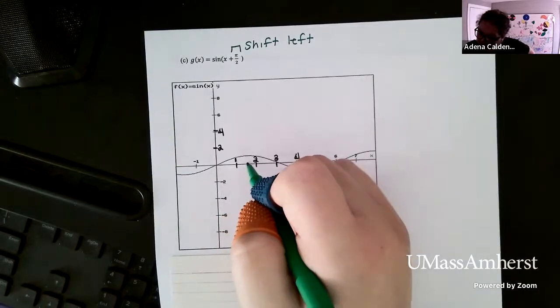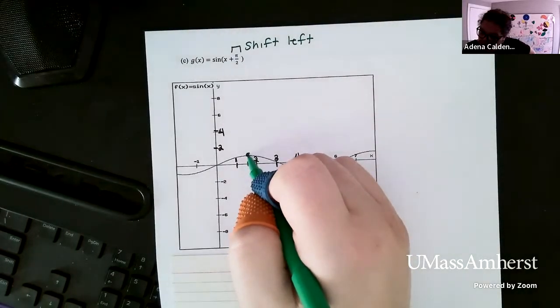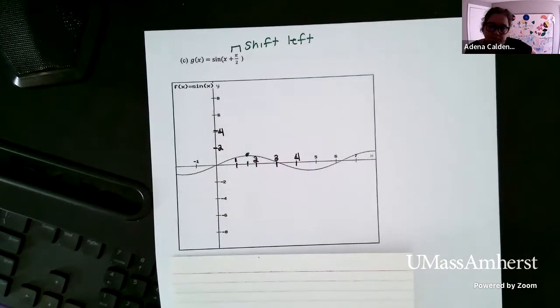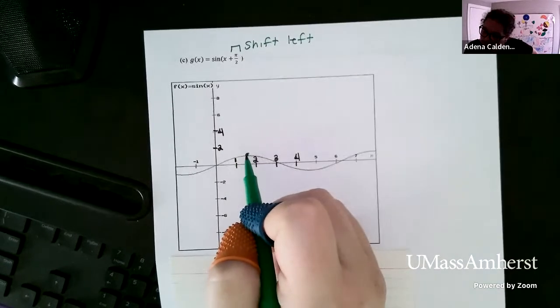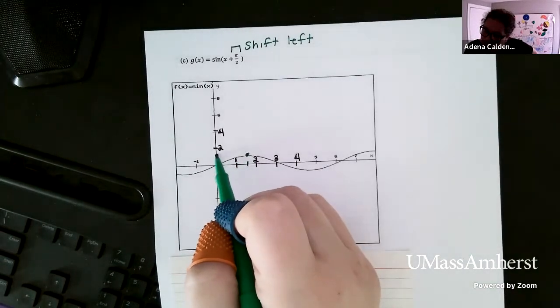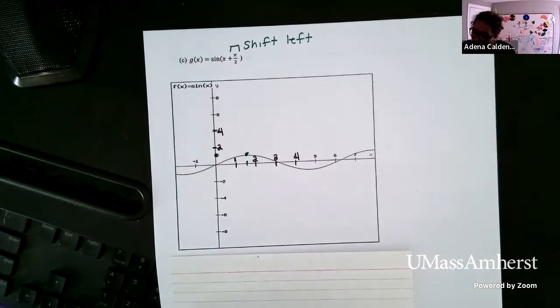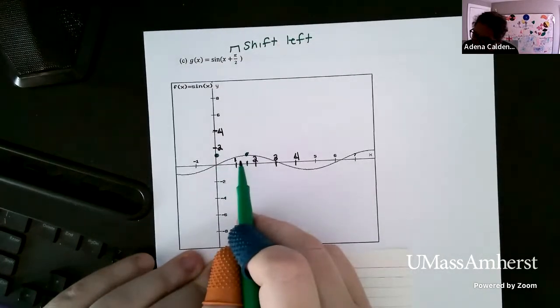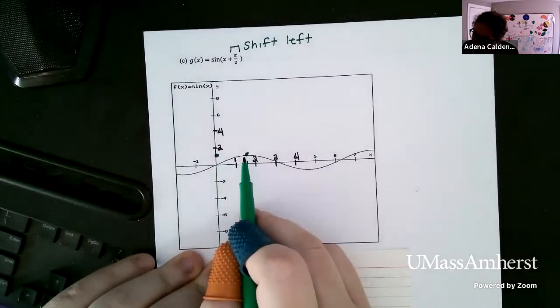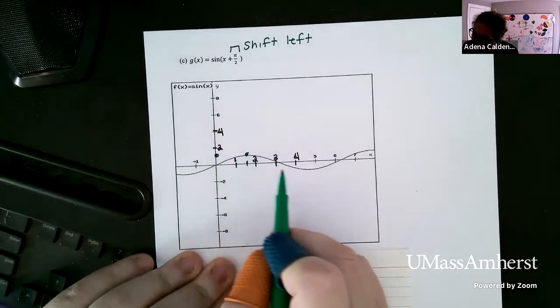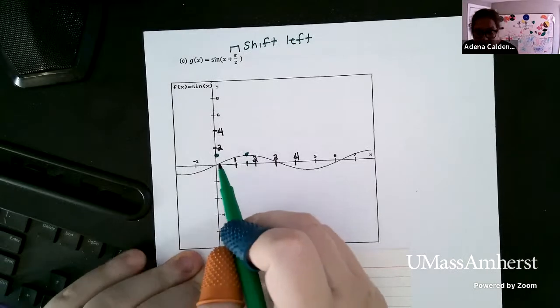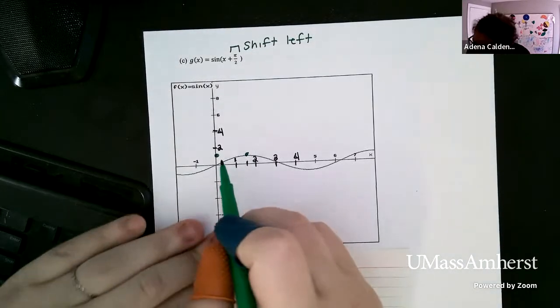So pi over 2 on this picture is right about here, okay? Which means that we are moving this point to the origin, okay? And so when we move everything to the left by pi over 2, we still are following what that graph was doing at that time. So every point gets moved over.